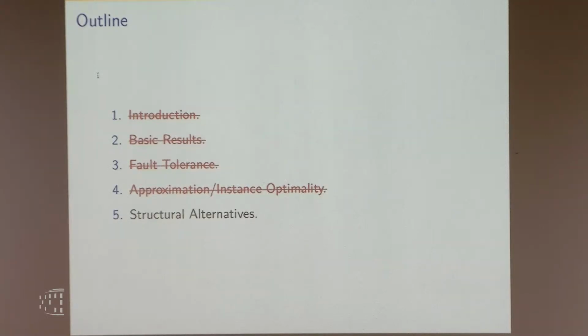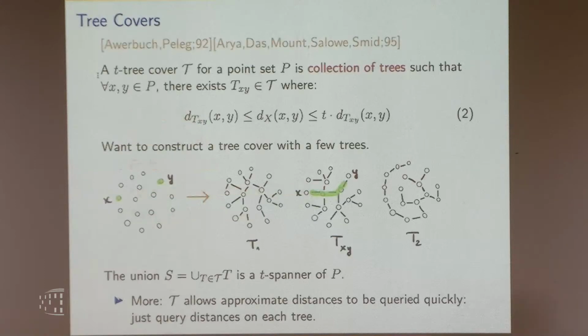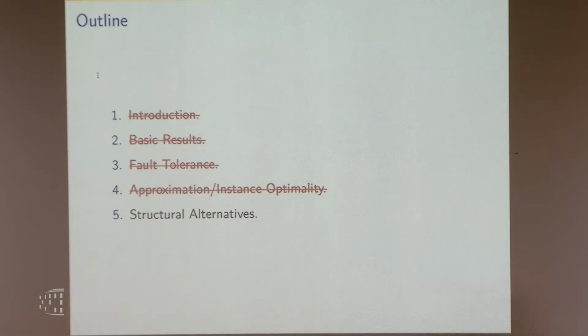The last thing that I want to say, I have less than 5 minutes, but we'll see, is a structural alternative. So what is a structural alternative? You can think of a spanner as a sparse subgraph that preserves distances. But all it is is a sparse subgraph; it's more like compression. Sometimes you want to have the spanner and then do something with it, and once you only have a sparse subgraph, that limits what you can do with it.